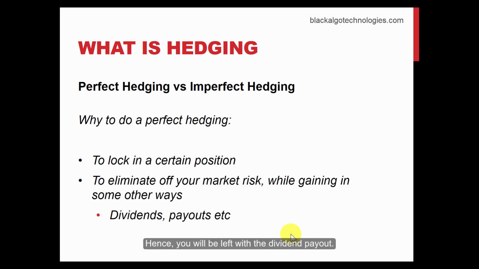Hence, you'll be left with the dividend payouts. Although this may not be a very accurate example, because in most cases, by shorting, you need to pay the dividends to someone else. But this is a general idea of how it works. Usually cases like this are very, very customized. It's different on a case-by-case basis.